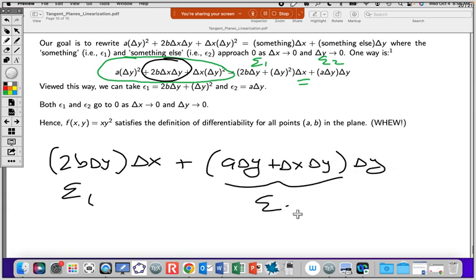You can call this epsilon 2. These also satisfy the condition that epsilon 1 and epsilon 2 go to 0 as delta x and delta y both go to 0. And so that'll happen in general. There'll be multiple ways to regroup this error, but as long as you can find a way to regroup the errors in this way, then you've shown that the function is locally linear, the function is differentiable.